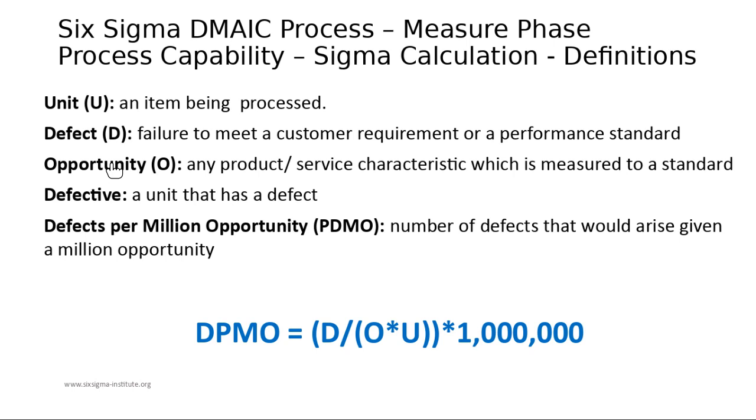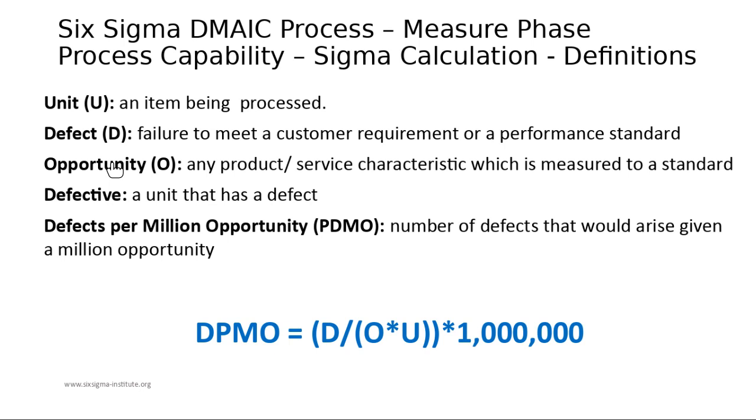If the opportunities for defects are defined by the customers, let's say 4 things, we mentioned them before: the time, the price, the person who's delivering, how polite he is, and the exact order that you ordered. So those are 4 different types of opportunity, and at each one of them a defect could happen from the customer point of view.